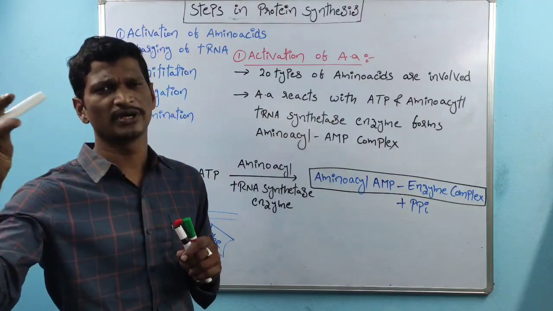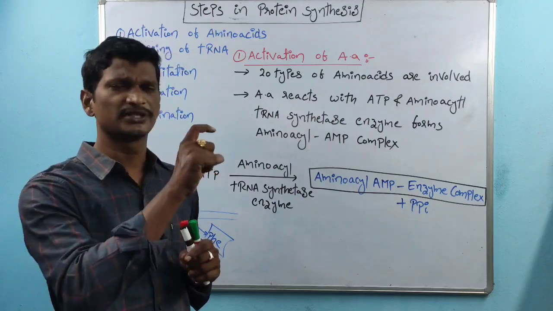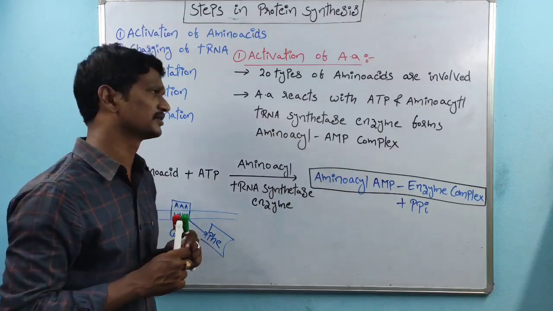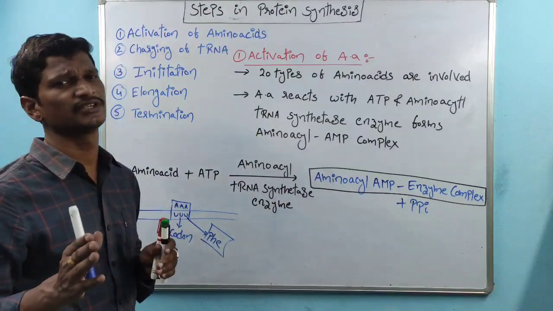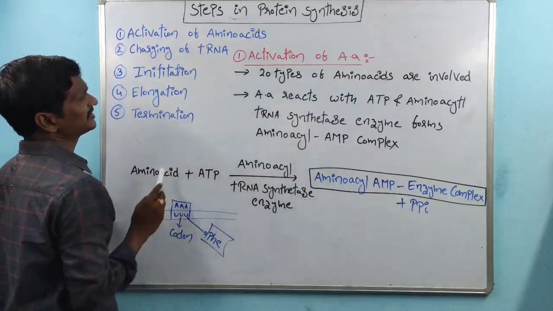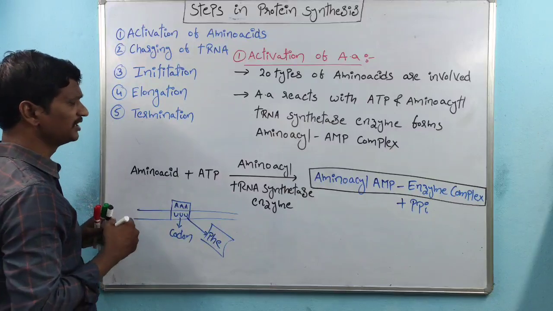The sequence of ribonucleotides is translated into a specific amino acid sequence, and that amino acid sequence is nothing but proteins. So here, activation of amino acid, then charging of tRNA. The next step is charging of tRNA.